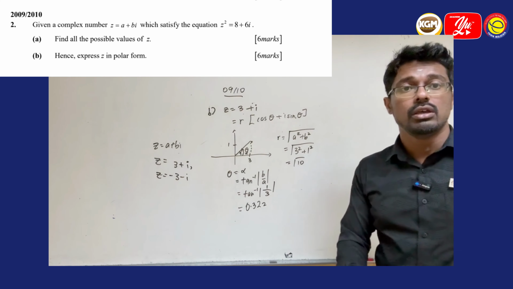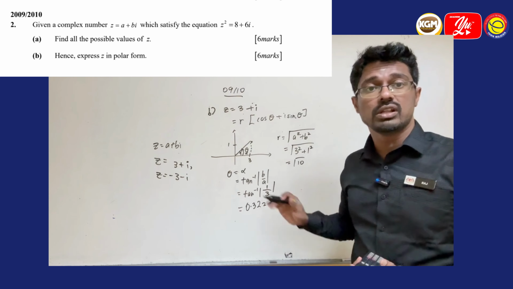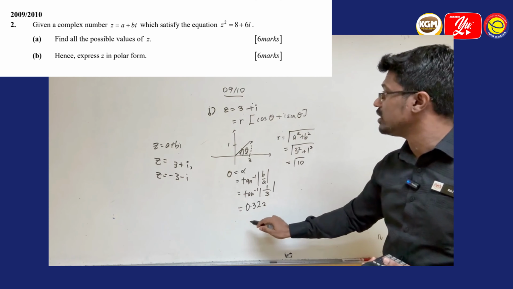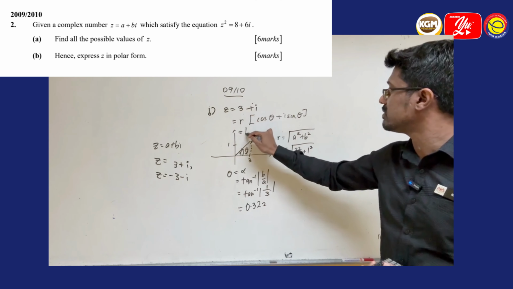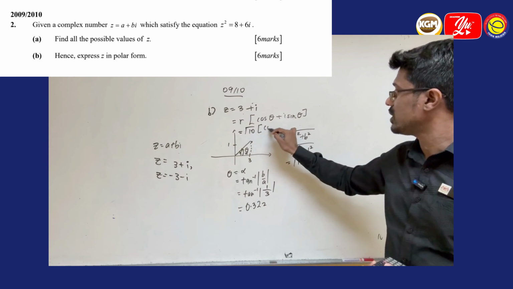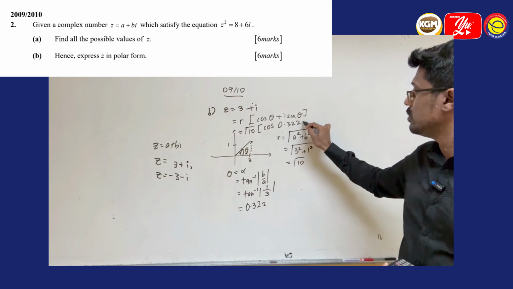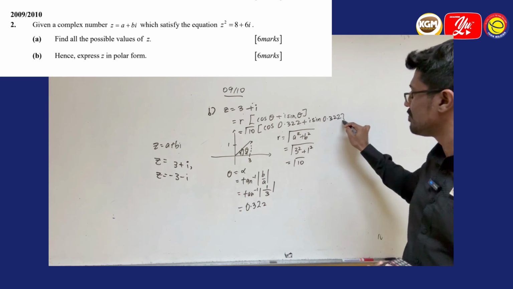Here you see, you don't get the exact value when you take the square root, so you just leave it in this form. Don't put in decimals. So the final answer: r is root 10, cos 0.322 plus i sin 0.322.